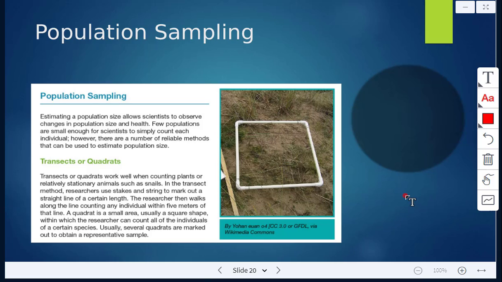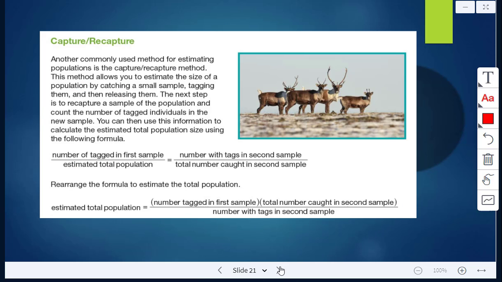A quadrat is a small area, usually square shaped, and within that, the researcher will count all of the individuals of a certain species. And then usually several quadrats are marked out to obtain a representative sample. Capture-recapture method is another method for estimating populations.